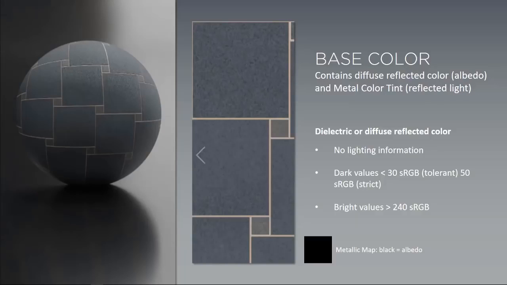Obviously in Unreal, all our colors are 0 to 1, so we'll have to take that into account, the transition between 0 to 255 and what 30 means. I was trying to plug these values in, thinking, what is 30 out of 0 to 1? It's going to be pretty low, pretty near the dark.